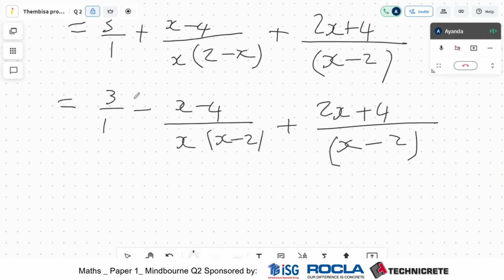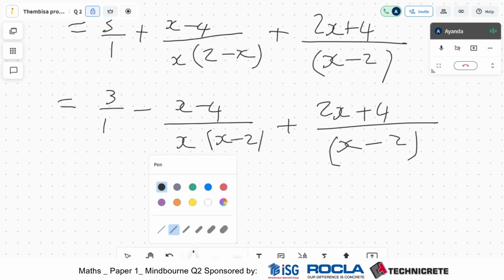That would mean we'd have to multiply 3 over 1 by x times x minus 2 divided by x times x minus 2. This term is fine, and on this term, we just have to multiply the top and the bottom by x.